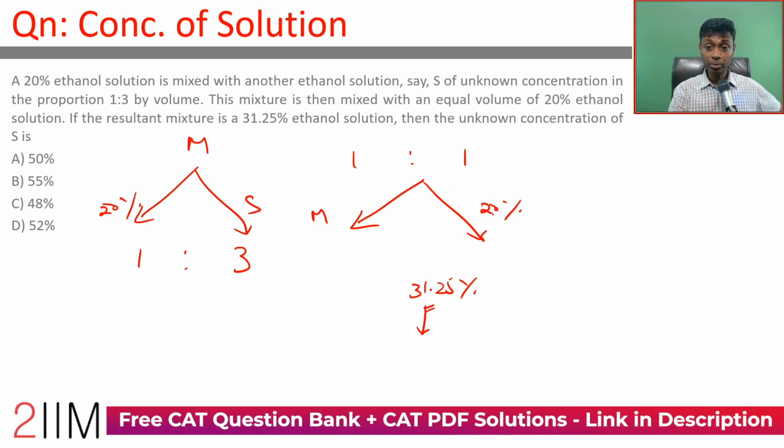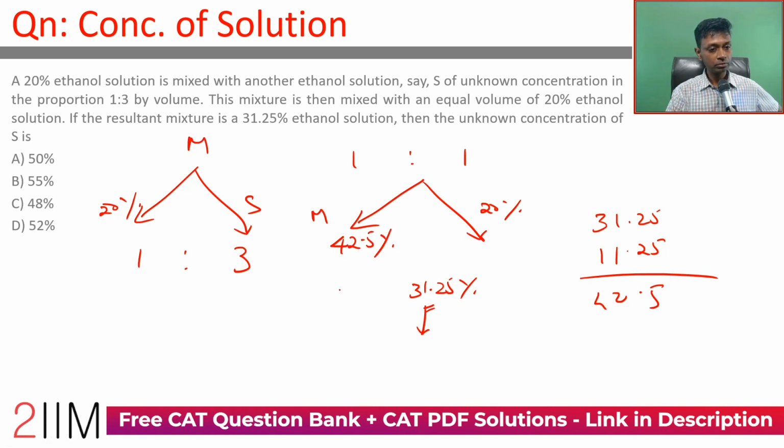So 20% plus 11.25% is 31.25%. 31.25 plus 11.25 is 42.5, so the mixture should be 42.5%. Mixed in the ratio 1:3 takes us to 42.5%.